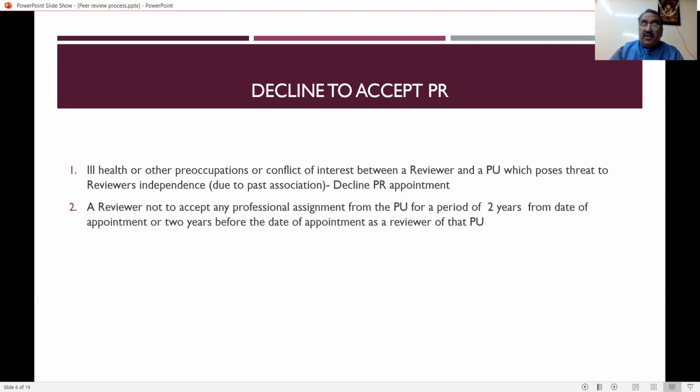And a reviewer should not accept any professional assignment from the practice unit for a period of 2 years from the date of appointment, or 2 years before the date of appointment. That is, from today, not after 2 years, but before 2 years, you are not supposed to get any peer review appointment.